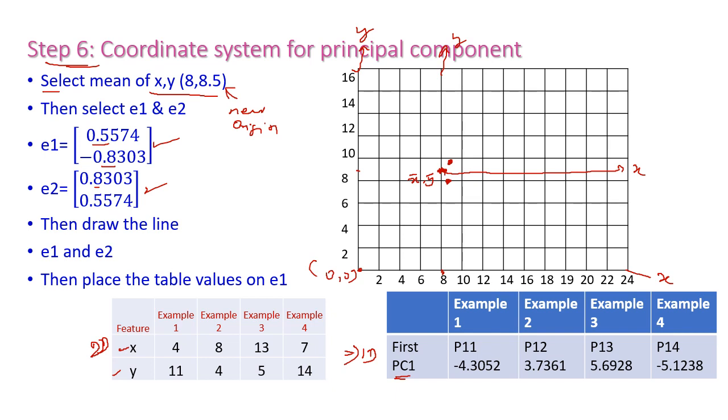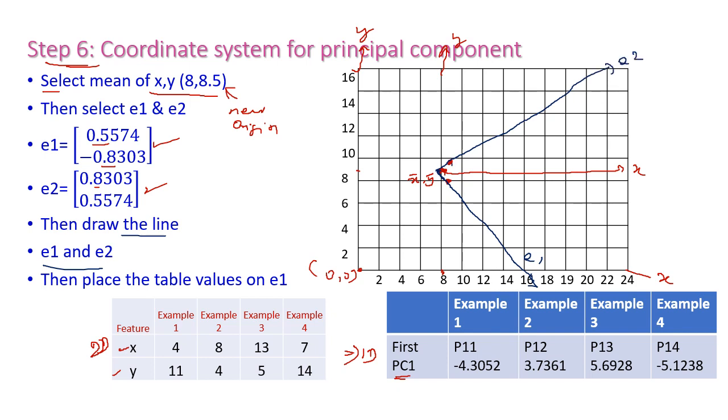Now let us change the color so that it will be easy for understanding. We need to draw the line for E1 and E2. From the origin we need to connect these two points. From here we draw the line, so this is E1, and from here we draw the line, and this is E2.